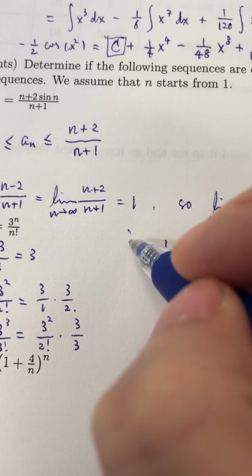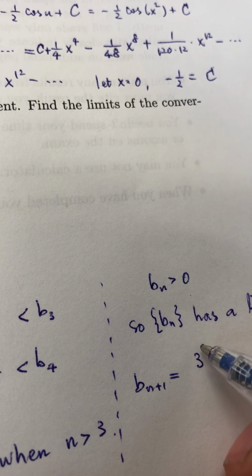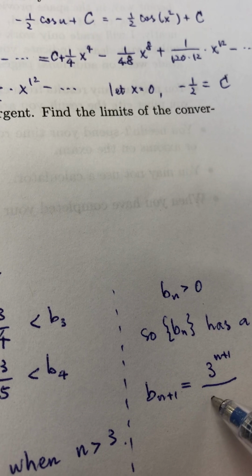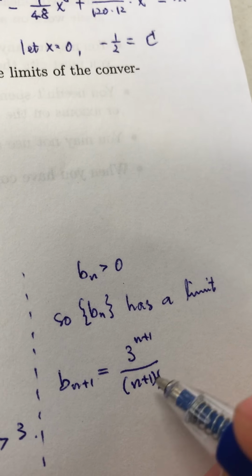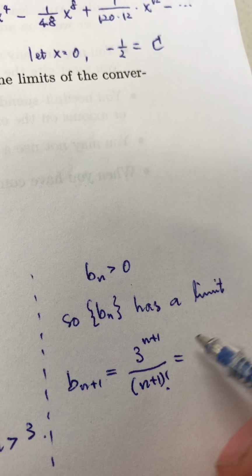Now let's try to find the limit. Write down a relation between bn plus 1 and bn. bn plus 1 by definition should be 3 to the n plus 1 over n plus 1 factorial. Rewrite this expression as 3 to the power of n over n factorial times 3 over n plus 1.